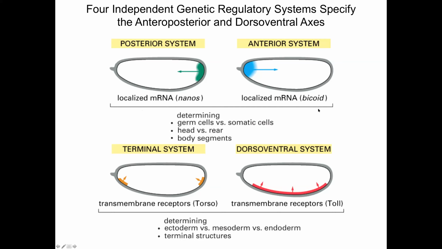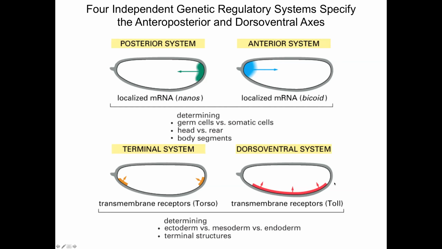Essentially, this is telling you that there is asymmetric localization of certain mRNAs mentioned here in different segments of the embryo. Nanos mRNA is localized to the posterior end. Bicoid is localized to the anterior end.